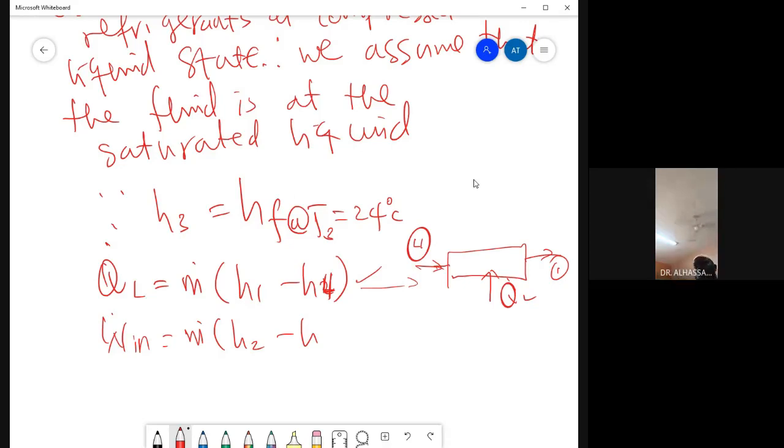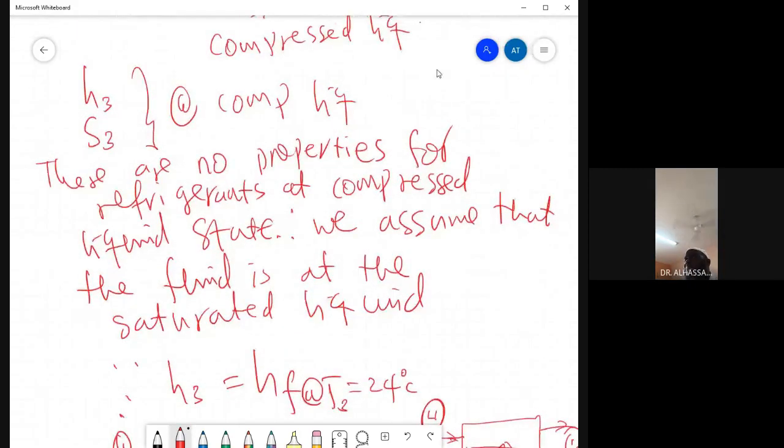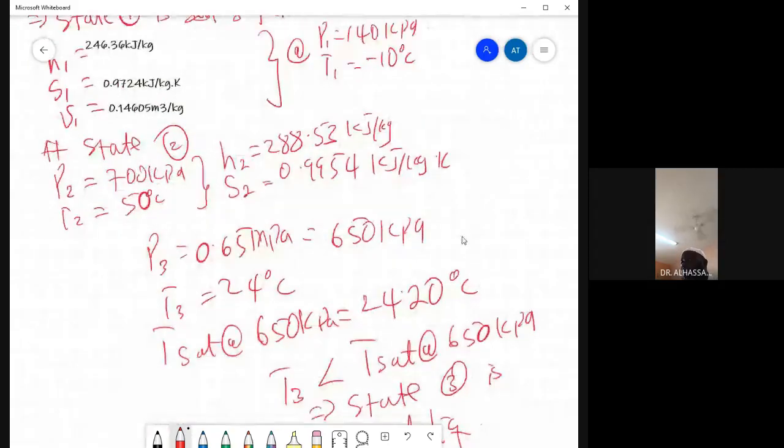So now your problem is, how do you determine H4? Very easy. Let me complete this H2 minus H1. How do we determine H4? I've told you H3 is the same as H4.